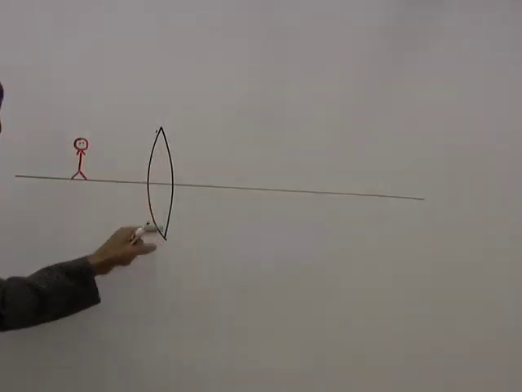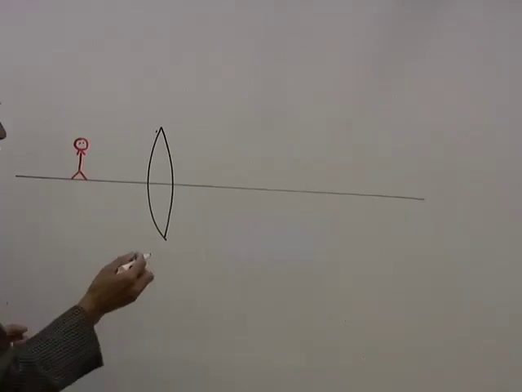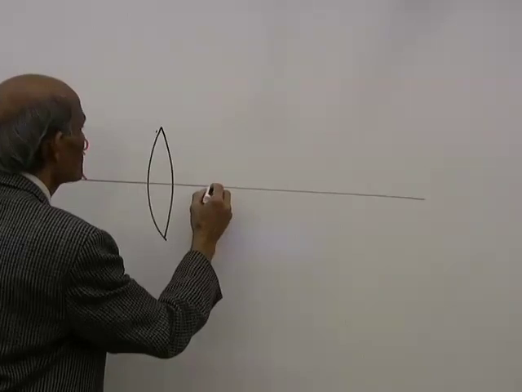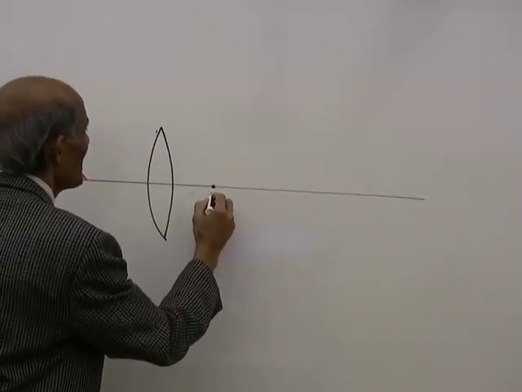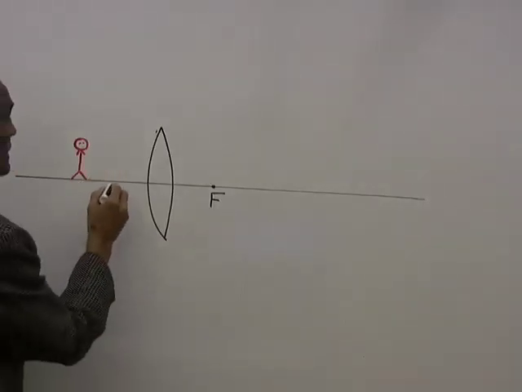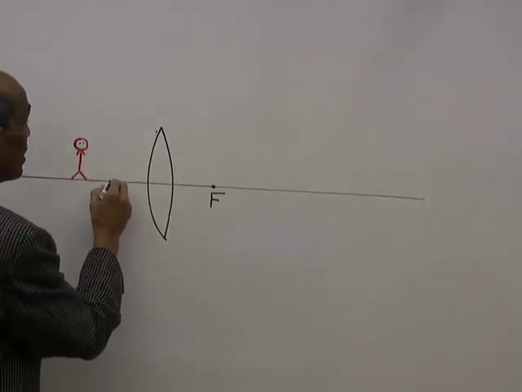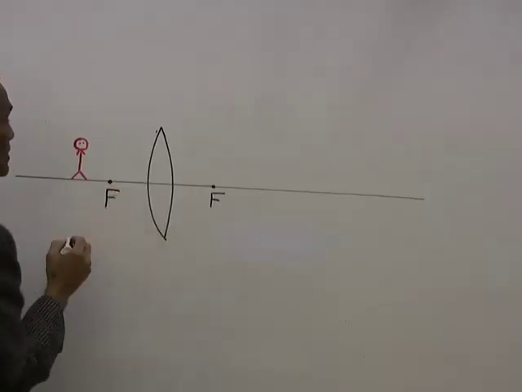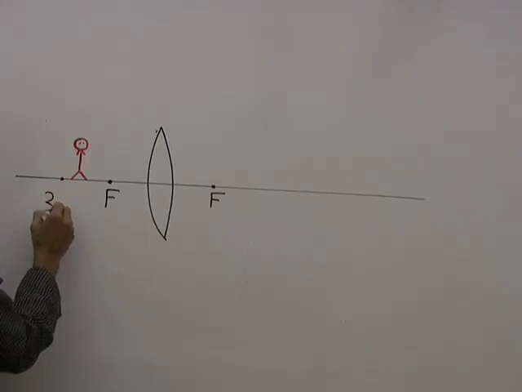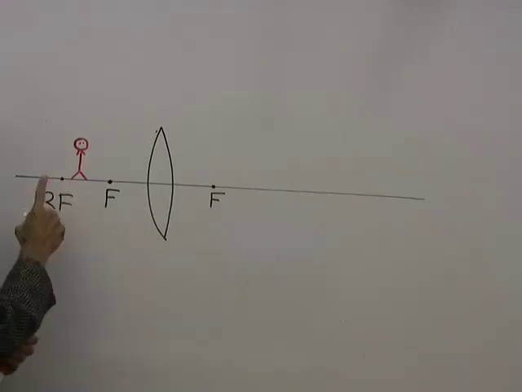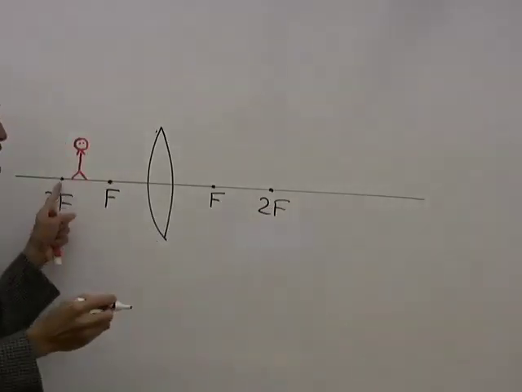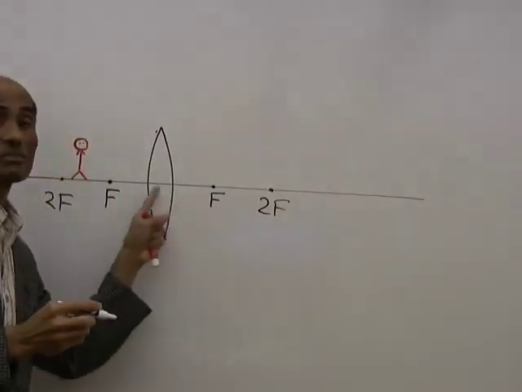Now this is my lens, and when you draw the diagram, you need to mark the principal focus, which is represented by the uppercase F. It has a focus on the right and also on the left, and also mark the distance called 2F, twice the focal length of the lens. So these are important points. What do you call this line? That is the principal axis.